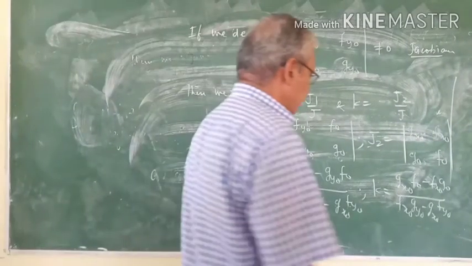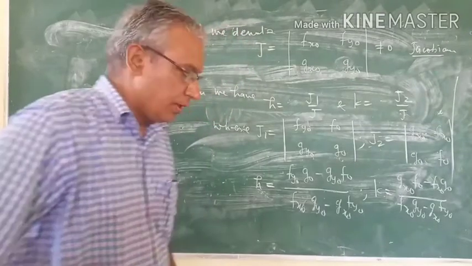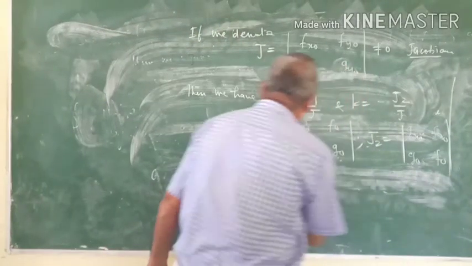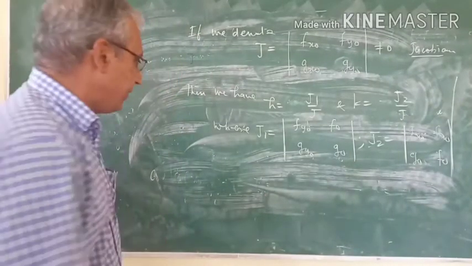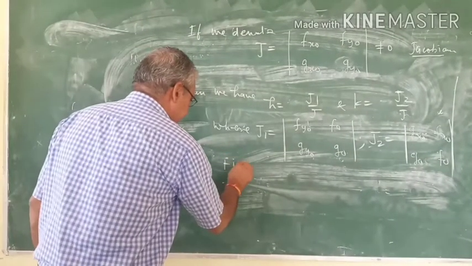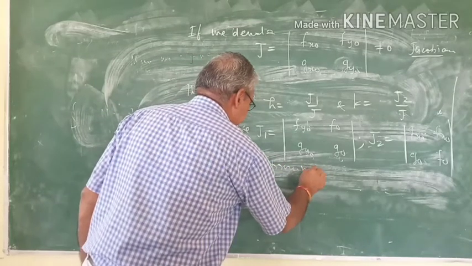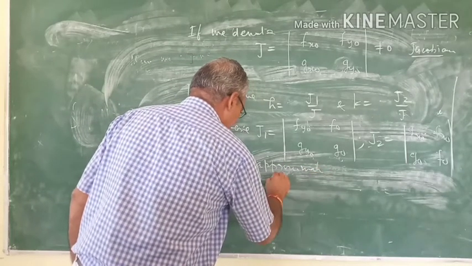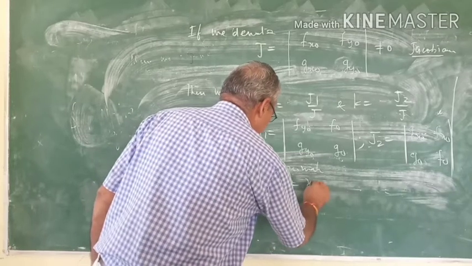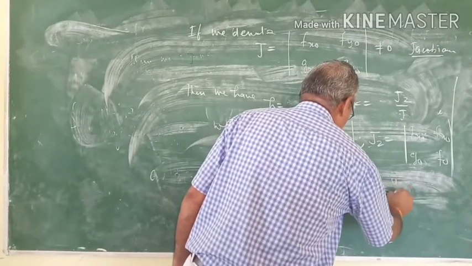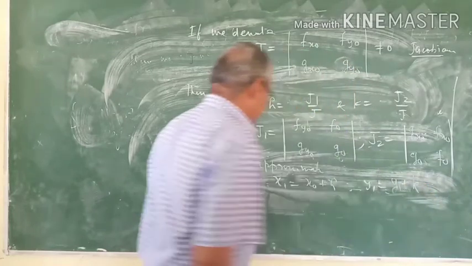Substituting the values of h and k, we get the first approximation: x1 equals x0 plus h and y1 equals y0 plus k.